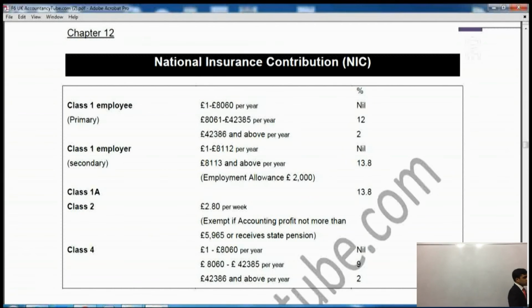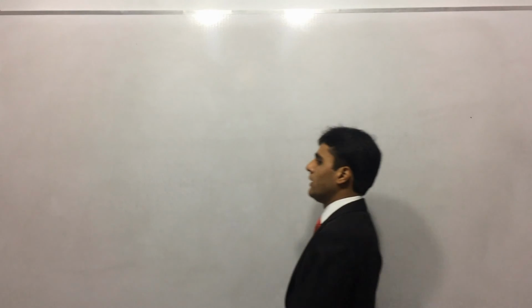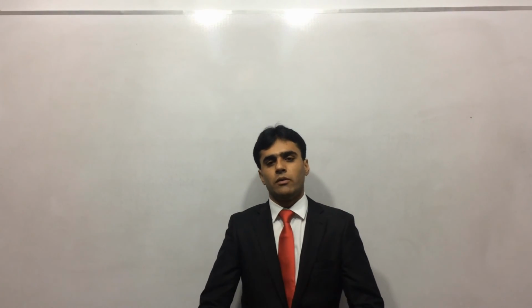All right, so that was it for today. We have covered our trading profits and the national insurance contribution. The national insurance contribution is only paid by employees, the self-employed, and the bosses, so someone who we are working for.